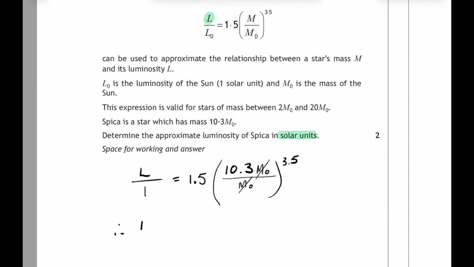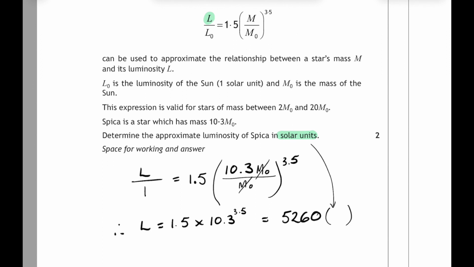Now let's simplify that. So L equals 1.5 times 10.3 to the power of 3.5. And if you do that on your calculator, you'll get an answer of 5,260. And the units we're told are solar units.